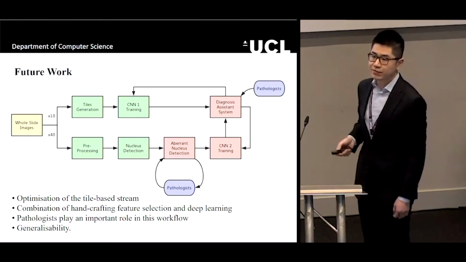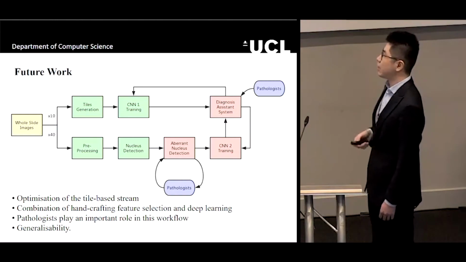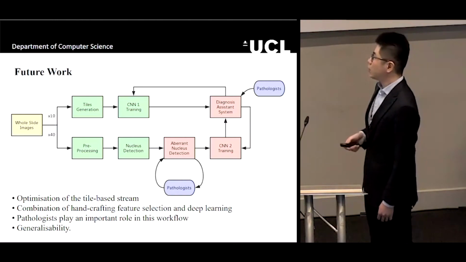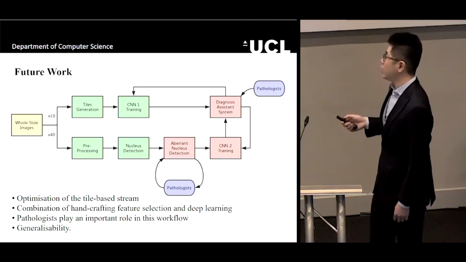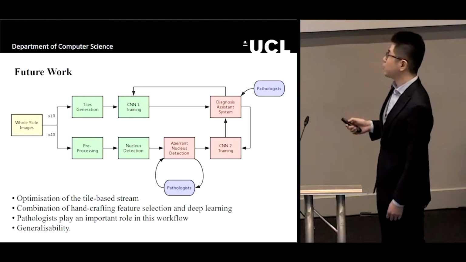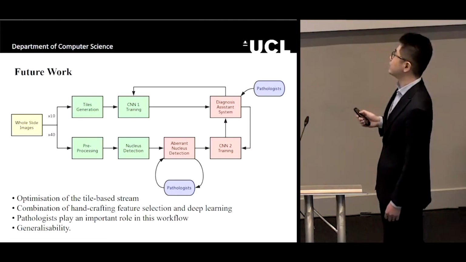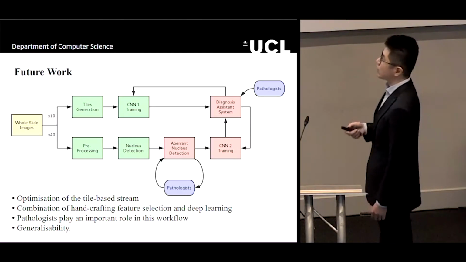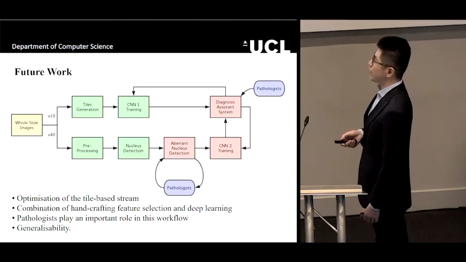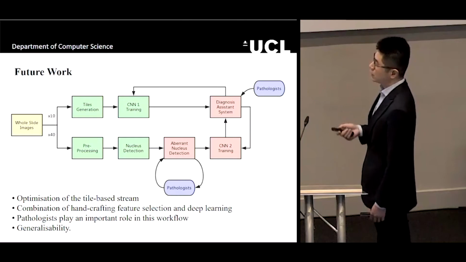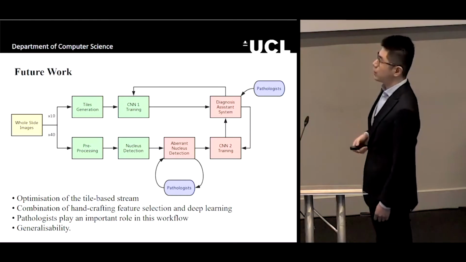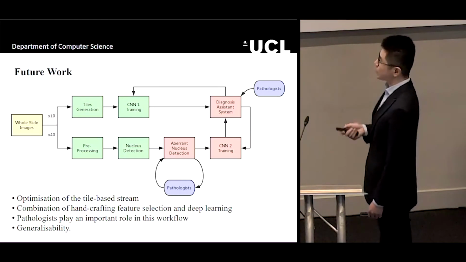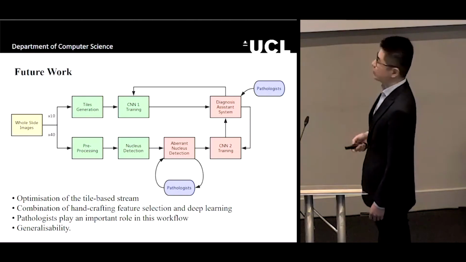Also, pathologists take a very important role in this project because we take pathologists into our workflow loop, for example here and here as well. We'll get some feedback from pathologists to improve our algorithm. And we would also like to test the generalization.